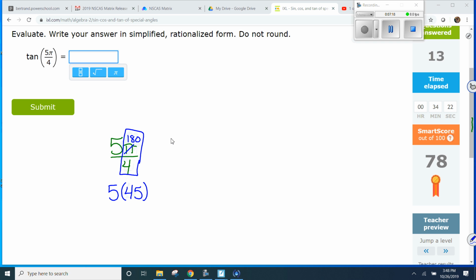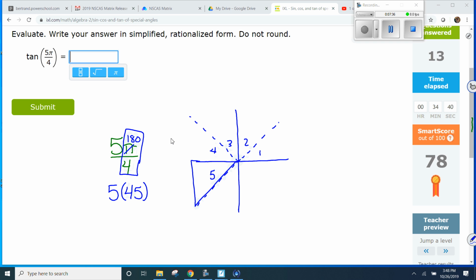And then if you talk about times 5, there's different ways you can look at it. I envision that I have 45 degrees, 45 degrees, 45 degrees. So you talk about 1, 2, 3, 4, 5 of them. I don't actually have to figure that 45 times 5 is going to be 225. I don't have to make that calculation, but you can.